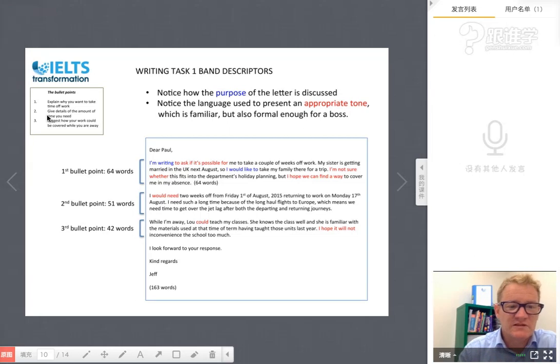Also notice this question here, bullet point 2 says give details. Now, this is where many students go wrong. They have a bullet point that says give details. For example, you have to think logically about this.